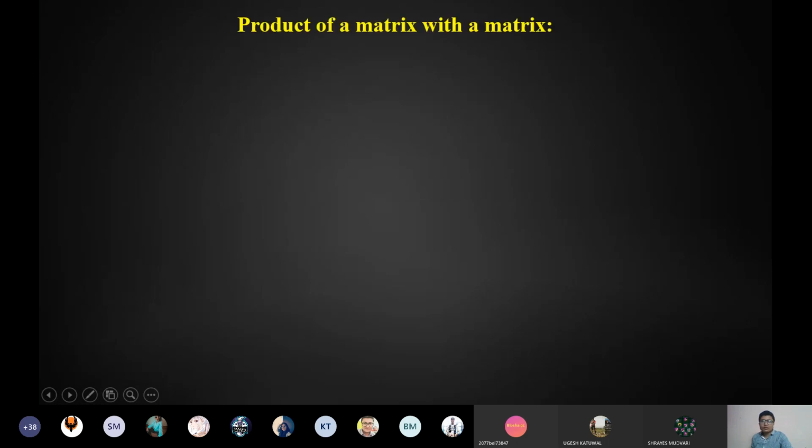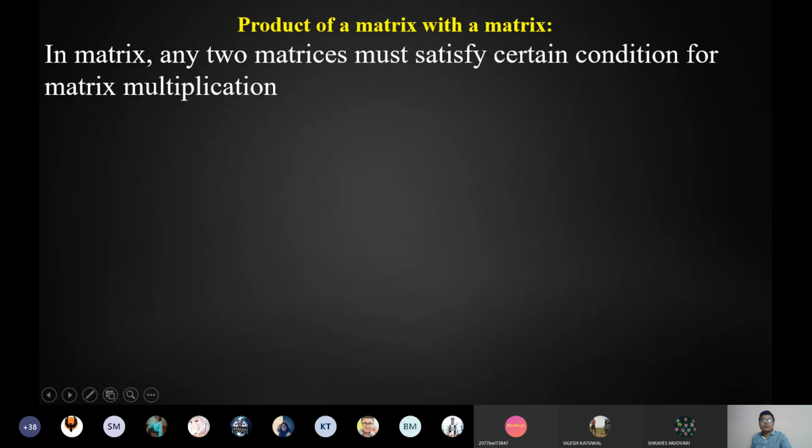Product of a matrix with a matrix. Just write this first. In matrix, any two matrices must satisfy a certain condition for matrix multiplication.